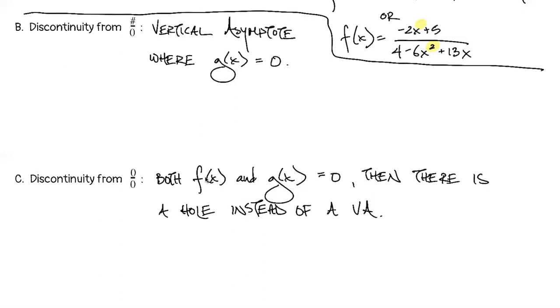Okay? So you never have a vertical asymptote and a hole at the same place. You either have a vertical asymptote at that point or you have a hole.